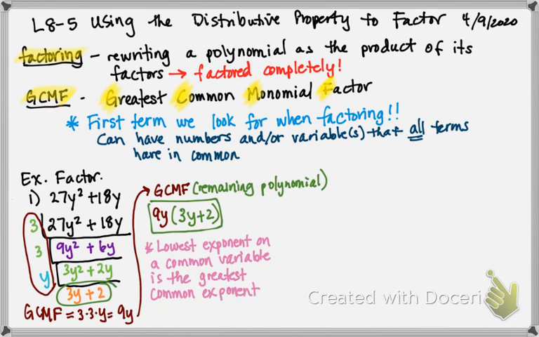So the smallest exponent is the biggest thing that we can pull out, okay? And then you do need to ask yourself, can I factor more? It's always the question you got to ask. Now, it's going to kind of slowly creep in on us. All right, then we have another one.